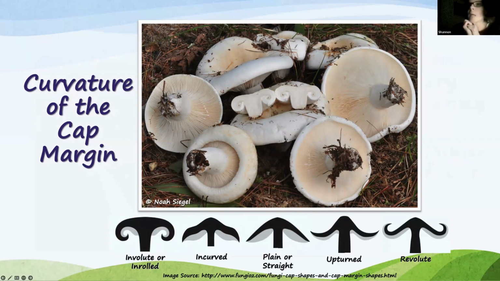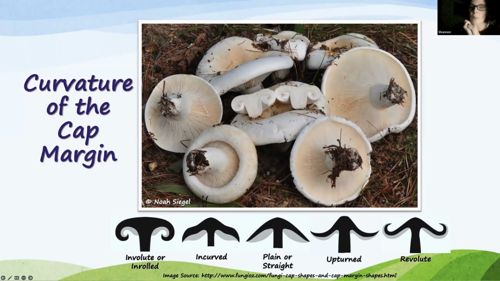Perhaps not as dramatic as the cap surface, but this is a part of the mushroom that yields a lot of valuable information that we tend to overlook. And certainly as the mushroom goes through various developmental stages, the curvature of the margin can change rather dramatically, as we can see in this particular image.